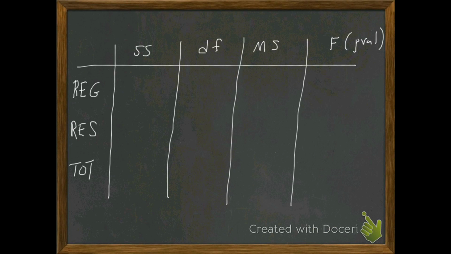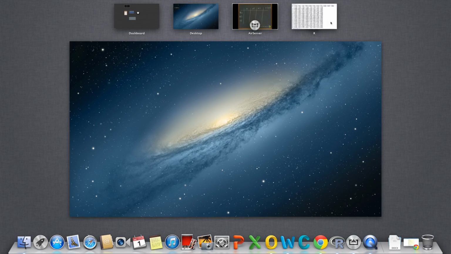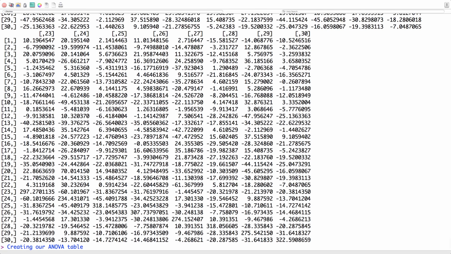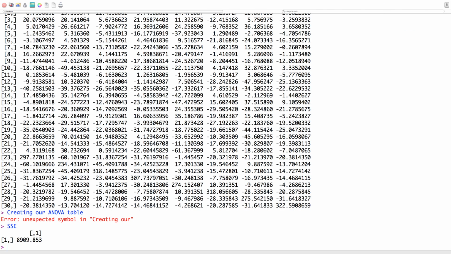Now, we already know that the sum of squares for the error is 8909.853.